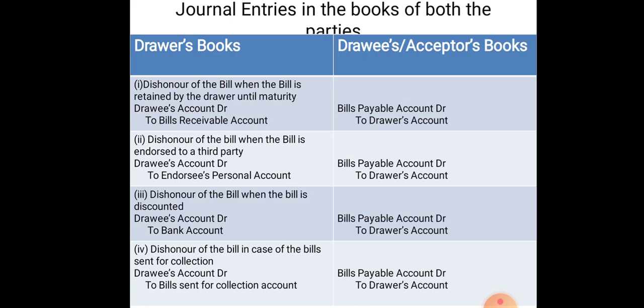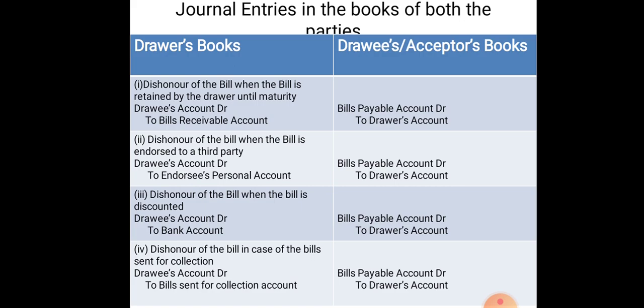In the drawer's book, if the dishonor of the bill, when the bill is retained by the drawer until maturity, then the entry would be drawee's account debtor to bills receivable account. In drawee's book, the entry will be bills payable account debtor to drawer's account.